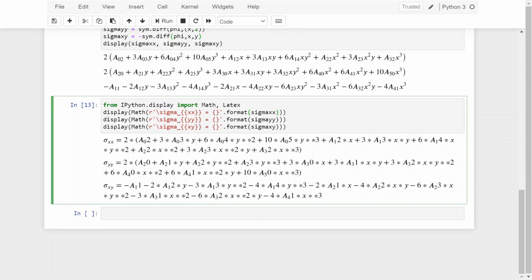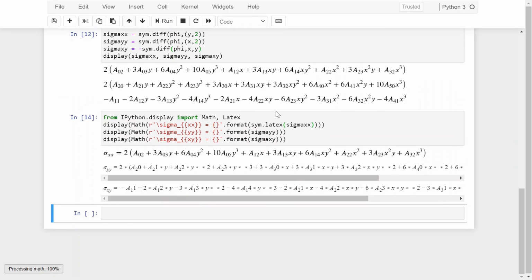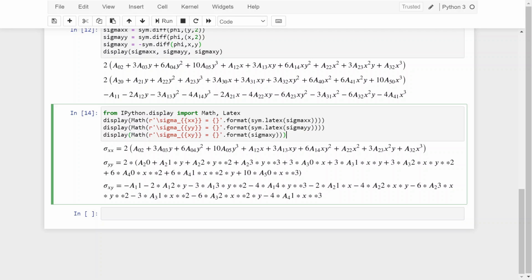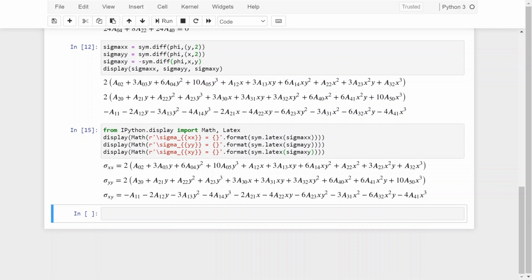Sorry, I should have done that as format sim.latex. So that's better. Similarly here, sim.latex, sigma xy.